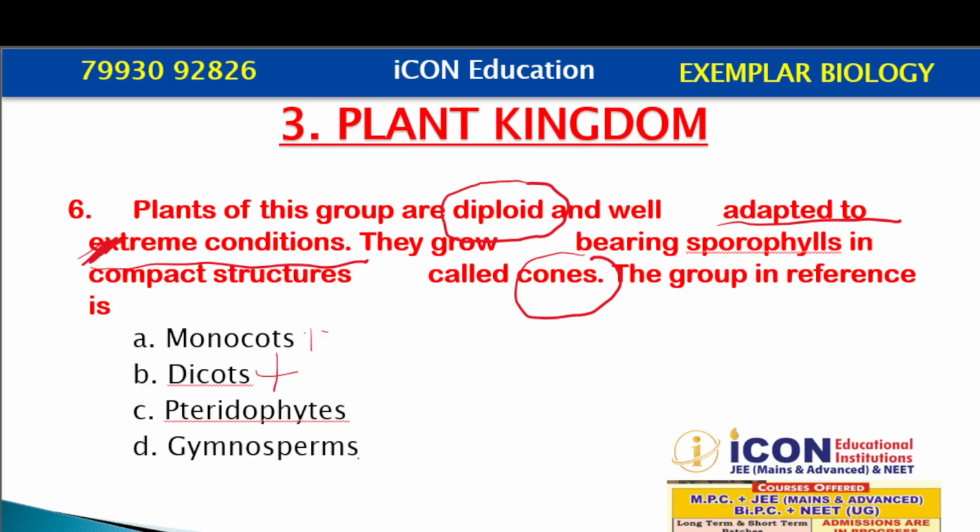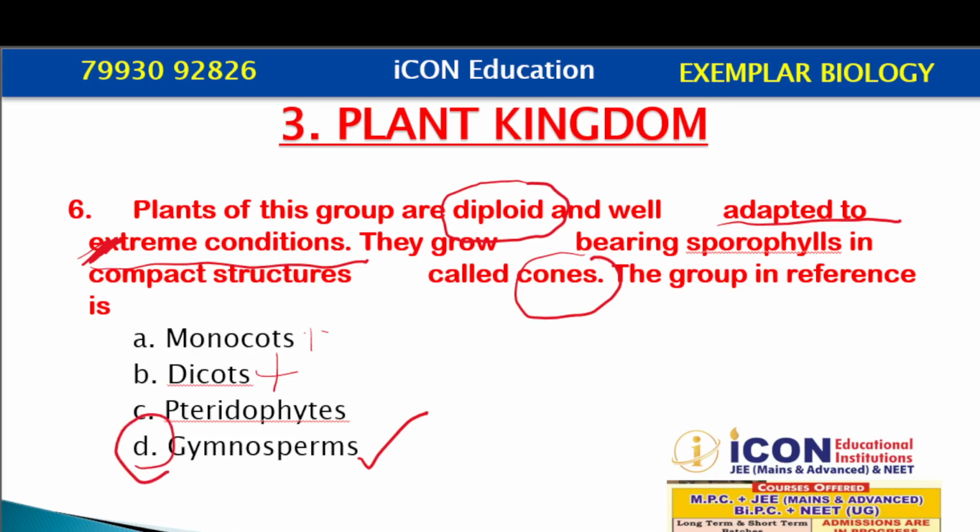Extreme condition can be tolerated by gymnosperm because they are well adapted, that is, they can show needle-like leaf, sunken stomata, presence of thick cuticle. All these are the adaptations to tolerate extreme condition. So question number 6, the correct answer is gymnosperm.